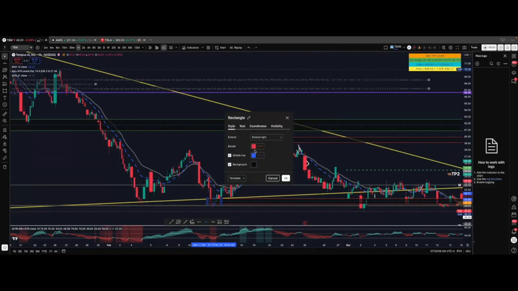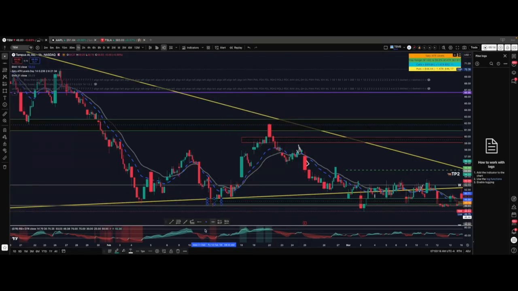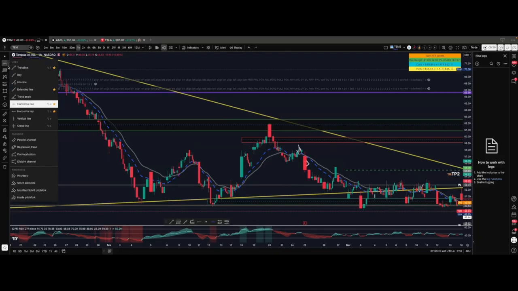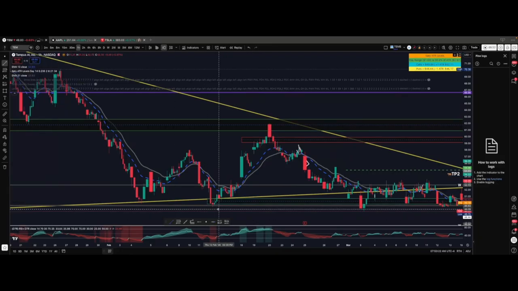I change the border color to green, the same color as an upward candle, because as you can see, it goes upward, right? And I'll make it easy for you and draw a trend line. This is kind of just to show you.